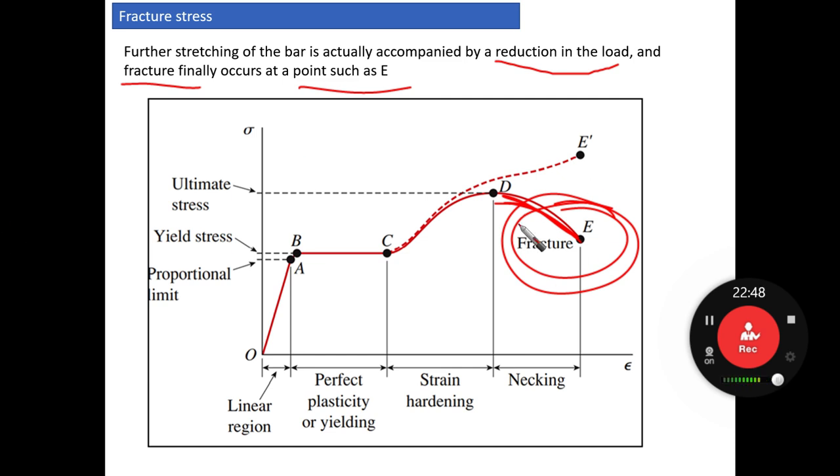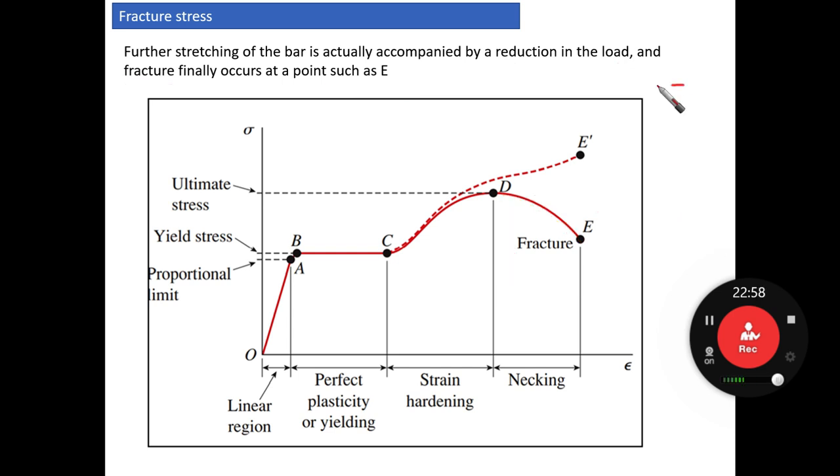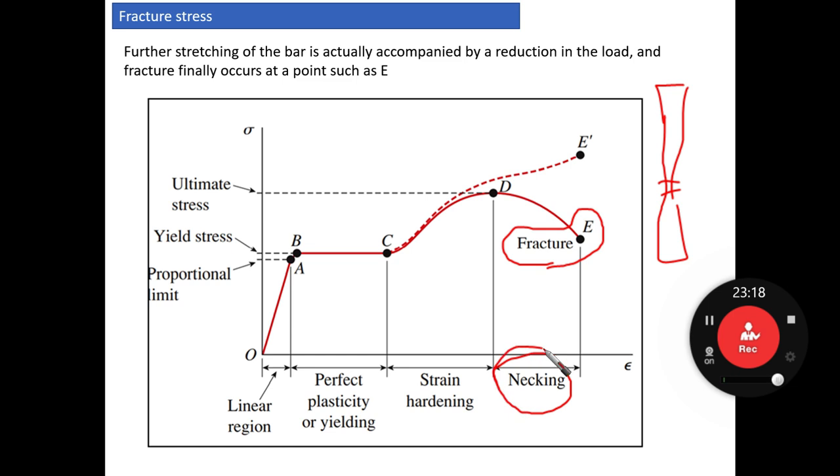You are going to find that when the element reaches this necking stage that we were talking about, this is the necking stage. So at this stage, fracture takes place at the smallest part here. This is what we call fracture at the end. Okay, after necking, and this part, as we said before, is necking.